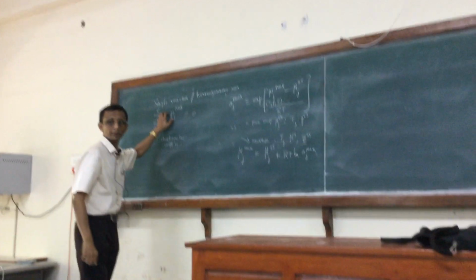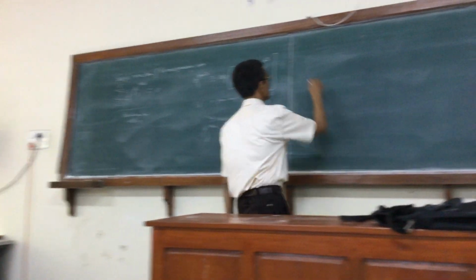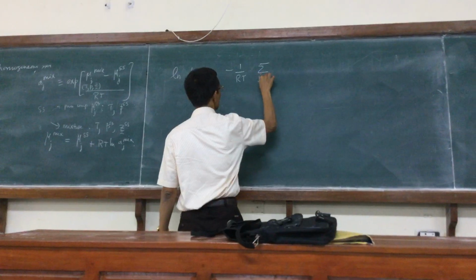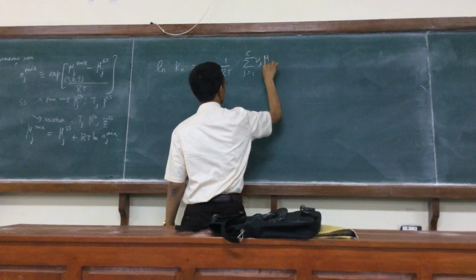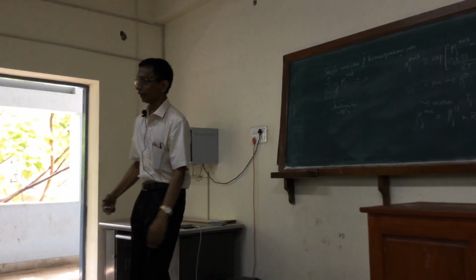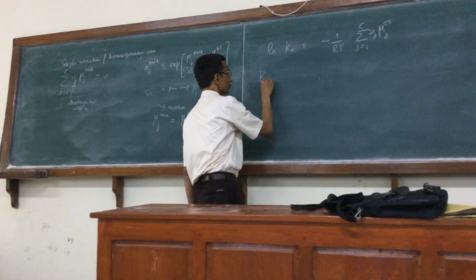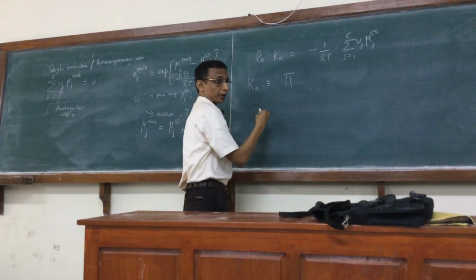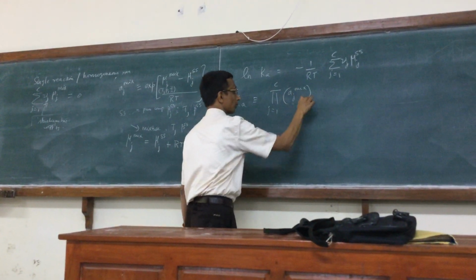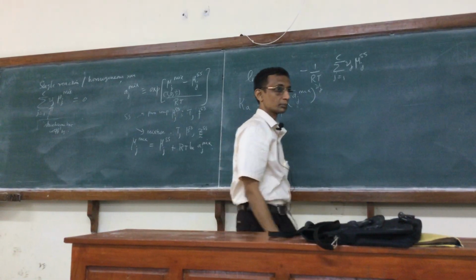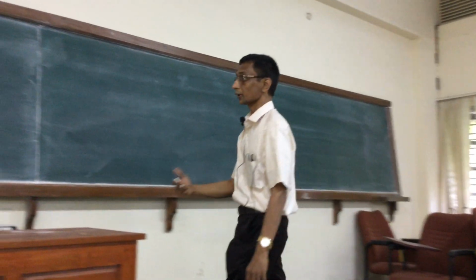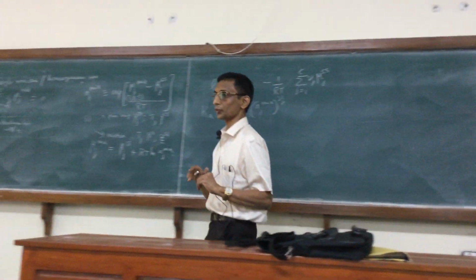So then we substitute it into this, we saw that we will get the following equation, namely logarithm of Ka is equal to minus 1 over RT, sum over J equal to 1 to C. The Ka is defined as the product, J equal to 1 to C, of A J mix raised to the power nu J, product taken over all the components that constitute the reaction.